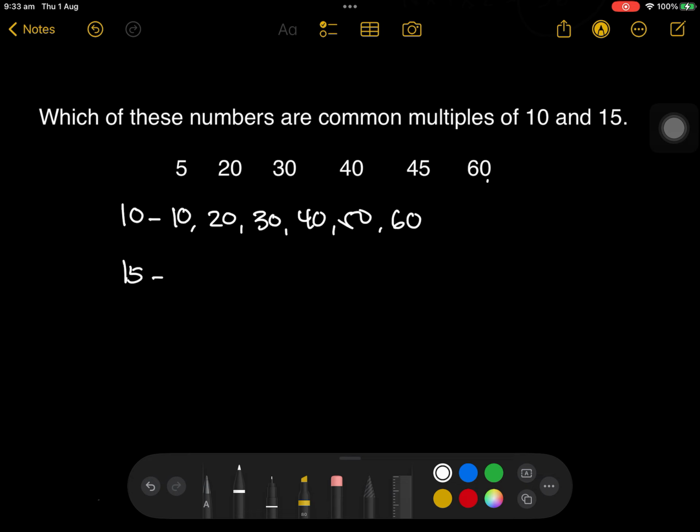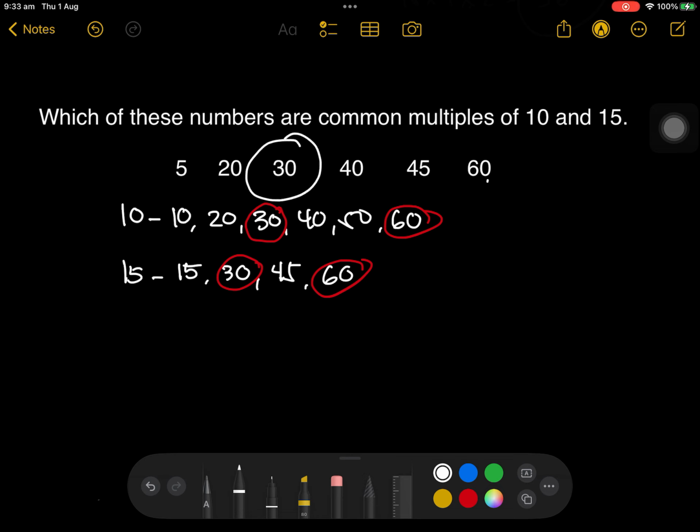Then multiples of 15 are 15, 30, 45, and 60. Now, as you can see, the common multiples are 30 and 60. So therefore, the answer from the choices are 30 and 60.